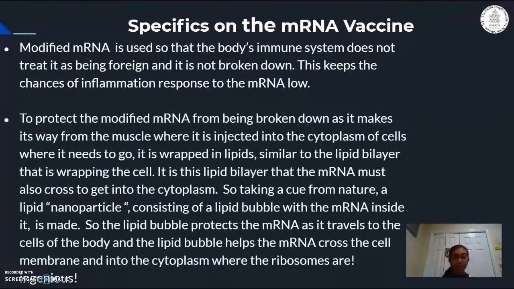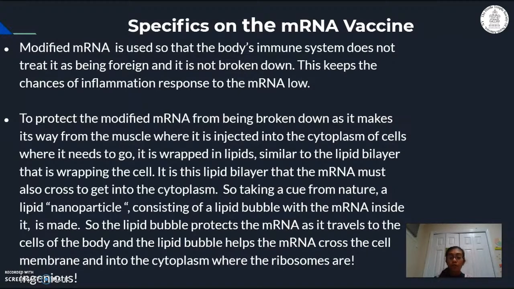So to protect the modified mRNA from being broken down as it makes its way from the muscle where it is injected into the cytoplasm of the cells where it needs to go, it is wrapped in lipids. We learned that in cell structure, similar to the lipid bilayer that is wrapping the cell. It is this lipid bilayer that the mRNA must also cross to get into the cytoplasm.